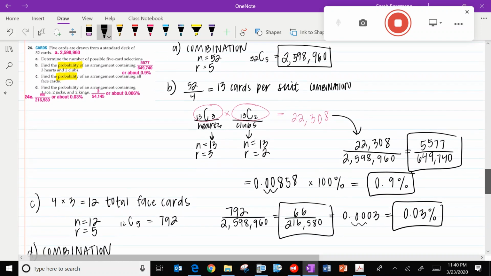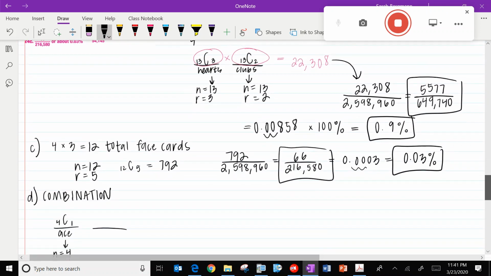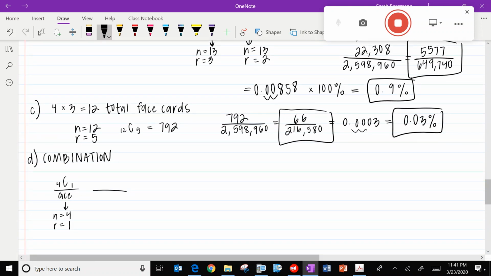Okay, first off, to deal with the 1 ace. Total, there are 4 aces in the deck, and I only want to choose 1. So I'll do 4, choose 1. Next, to get the number of jacks, the total number of jacks in the deck, there's 1 for each suit.